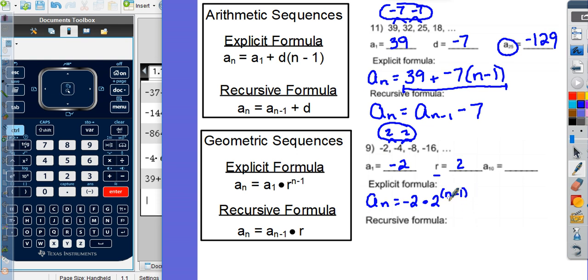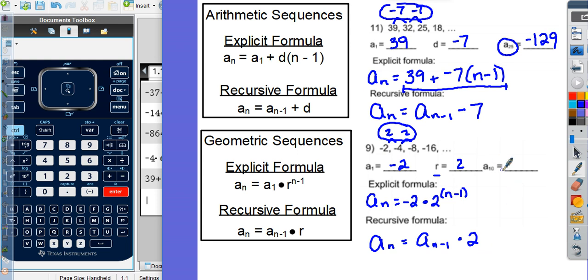Once again, we don't know that n yet, so we just write that. Recursive, the only thing that matters is that R. So we have a n minus 1 times R, which was 2.